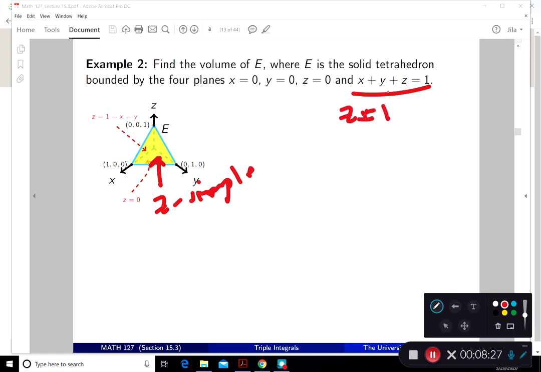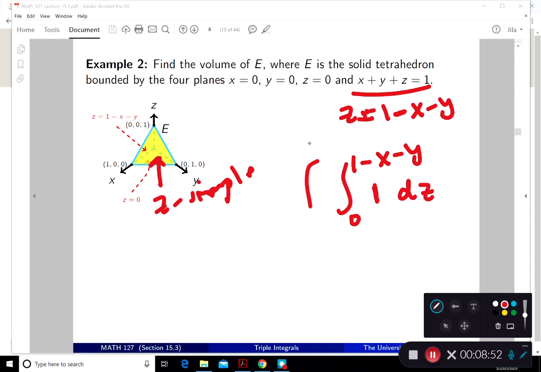So z is equal to 1 minus x minus y, and that would set up my most inner integral, from z equal to 0 to z equal to 1 minus x minus y. Remember, it says volume, so we're integrating the function 1 with respect to dz.